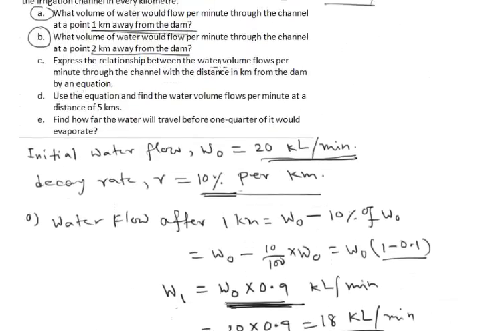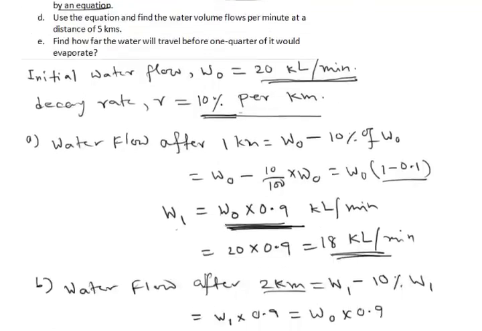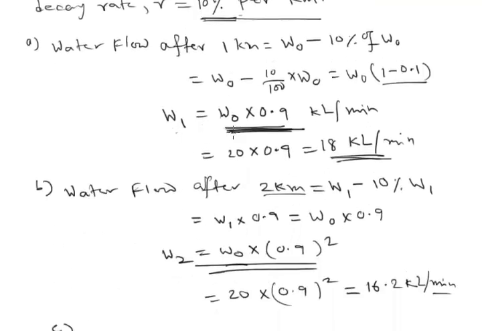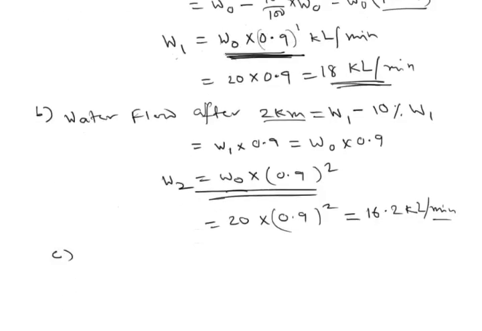Express the relationship between the water volume flow per minute through the channel and the distance in kilometer by an equation. We can see W1 equals W0, the initial flow, times 0.9 to the power 1. Similarly, after 2 kilometer, W2 is W0 times 0.9 to the power 2.